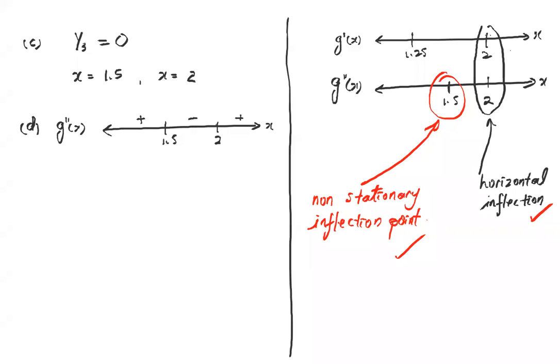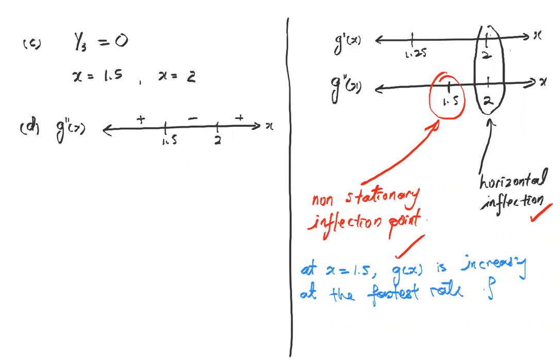In this case, when you talk about the polynomial, at that location it is increasing at the fastest rate, not another place, because the graph goes like this.